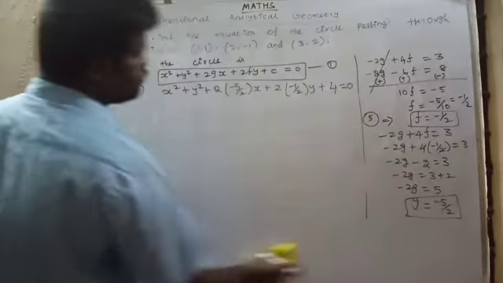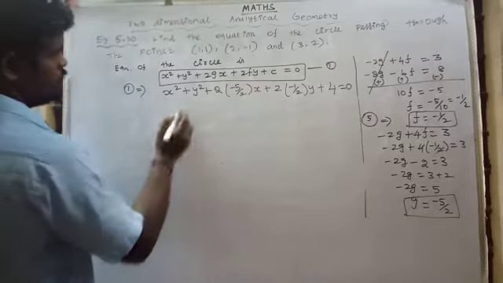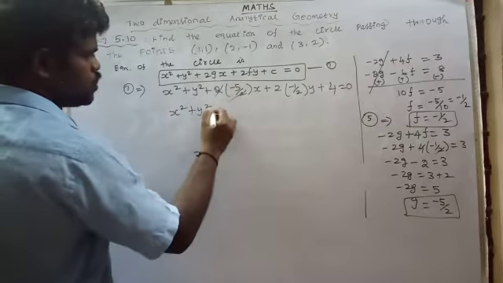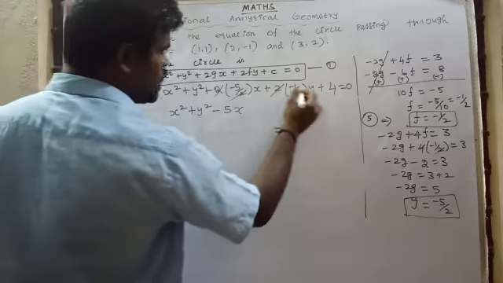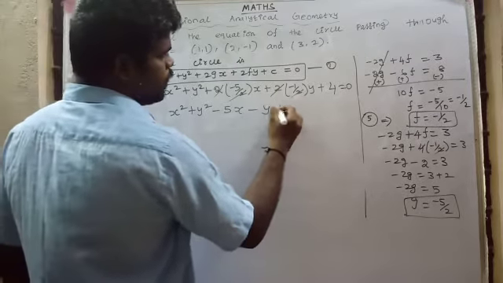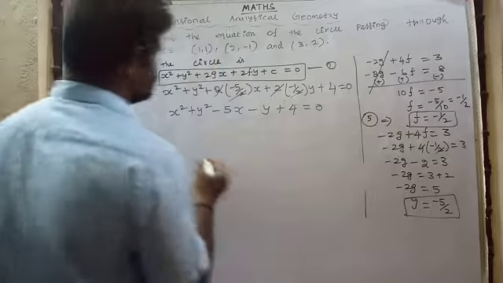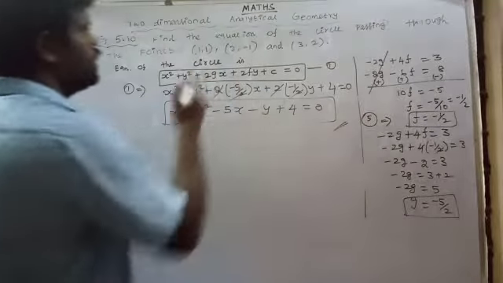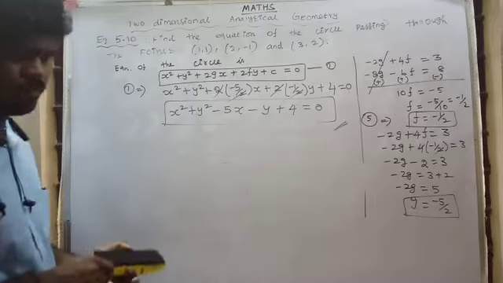We have to rub this: x squared plus y squared, here cancel these 2 and minus 5x, and cancel these 2 and minus y plus 4 is equal to 0, which is the required equation of the circle. Refer the sum.